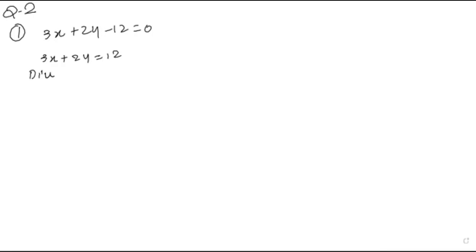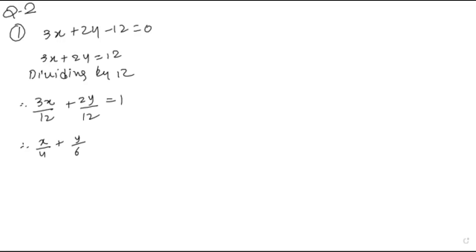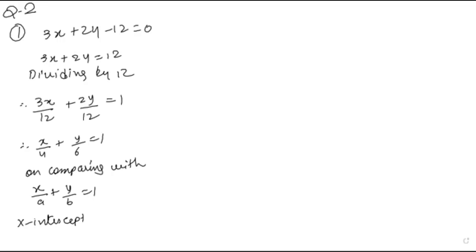So here I will divide this whole equation by 12. So I will have, so on comparing with x by a plus y by b is equal to 1, my x intercept is 4, whereas y intercept is 6.